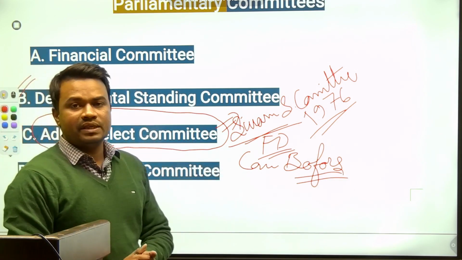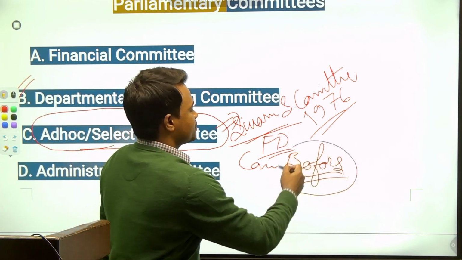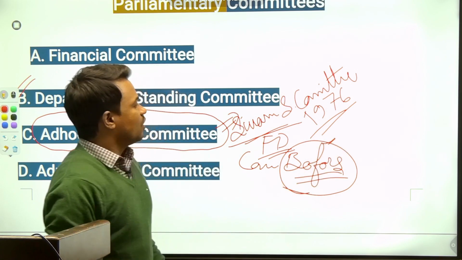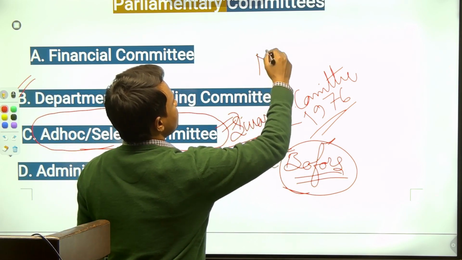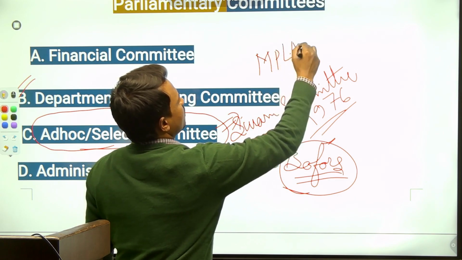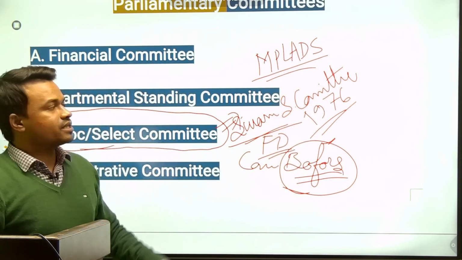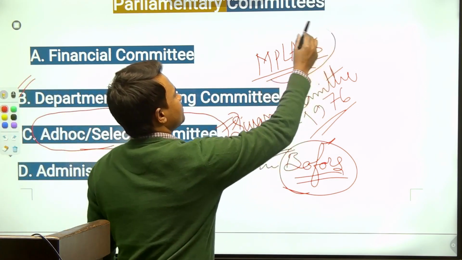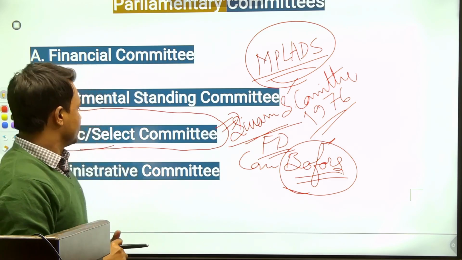These are committees constituted for a particular purpose. For example, recently a committee on MPLADS, or Member of Parliament Local Area Development Scheme. To look after this MPLAD scheme, ad hoc committees were constituted.